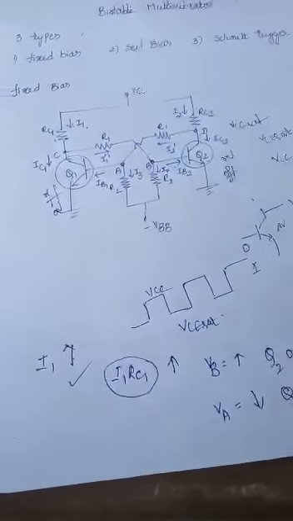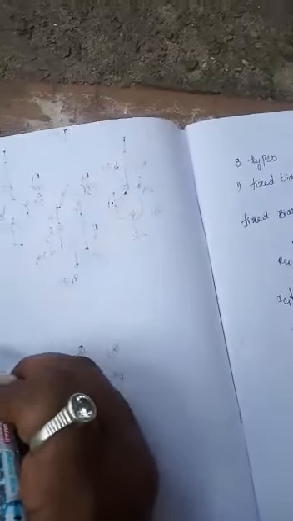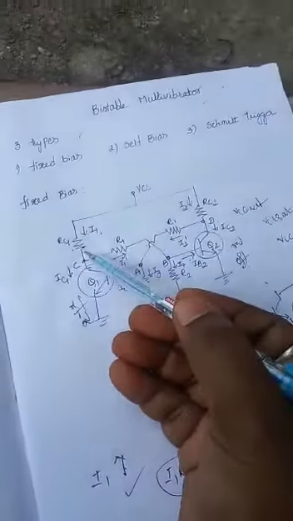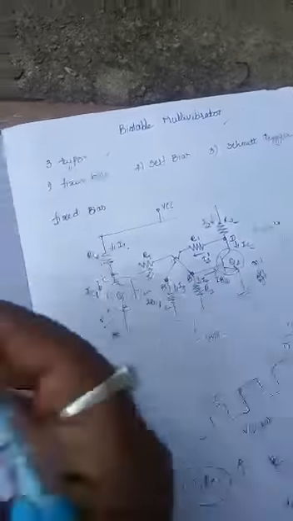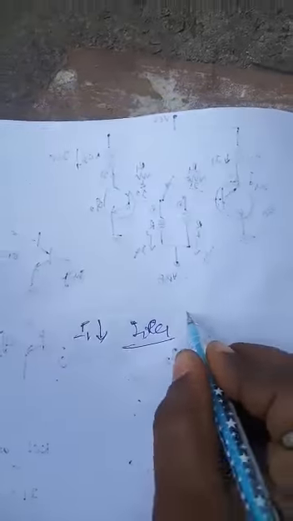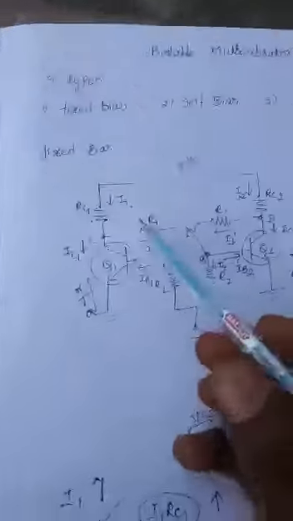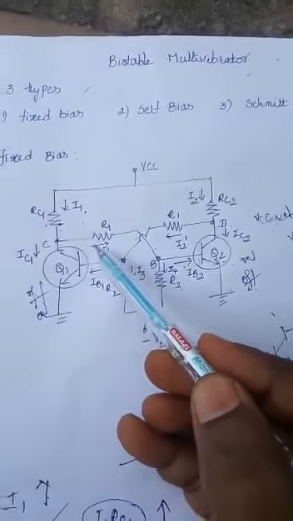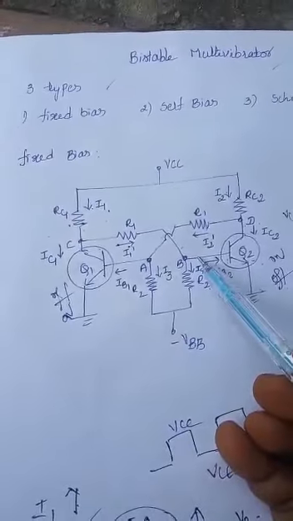Let us assume the second case. What is the second case? Let us suppose I1 is decreasing. As I1 is decreasing, what about the drop across this RC1 resistor? That is I1 into RC1. This I1 into RC1 goes on decreasing. So the decreased voltage is passing through resistor R1 to the base of Q2 transistor.